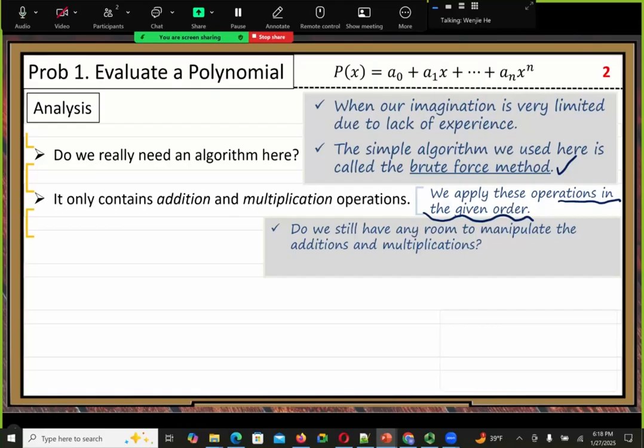We have some freedom to choose different order for evaluation, but what that freedom is, we need to explore. Theoretically, we can try different orders of evaluation.